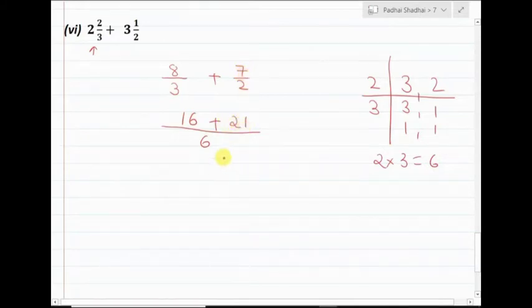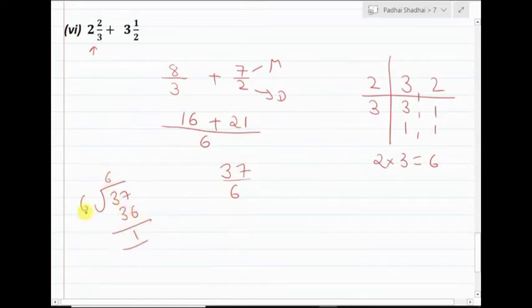So the final answer will be 21 plus 16, that is 37 by 6. Converting into a mixed fraction, 6 6s are 36, remainder is 1. Now replacing the places, 6 will come in the denominator, 6 will come on the other side, and 1 will go on the top. So that is the final answer.